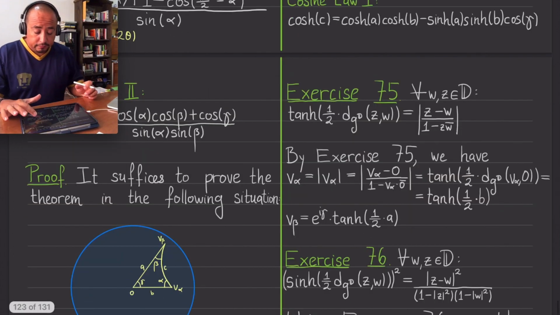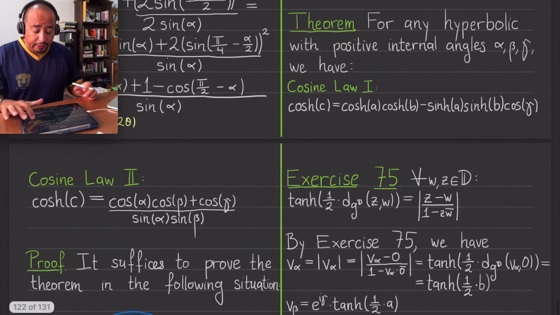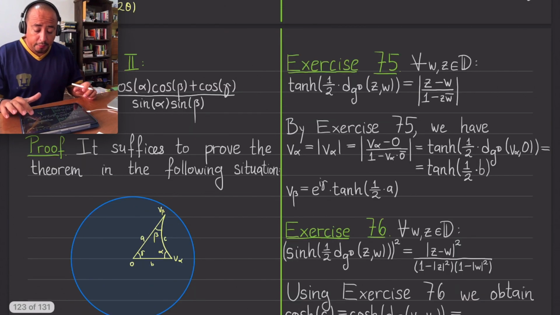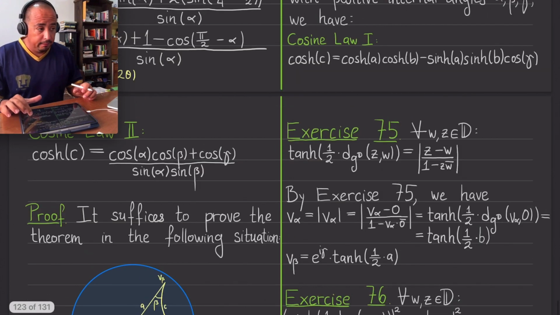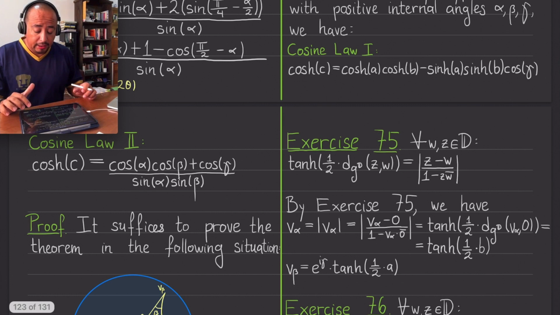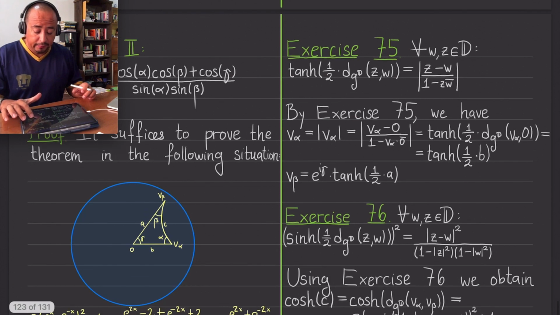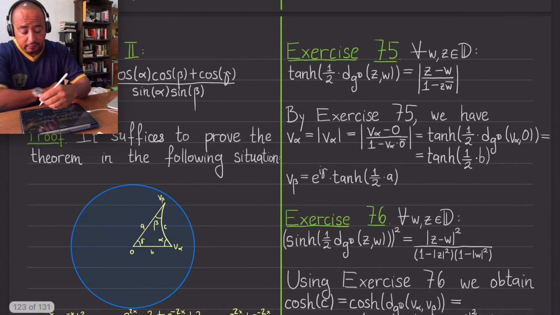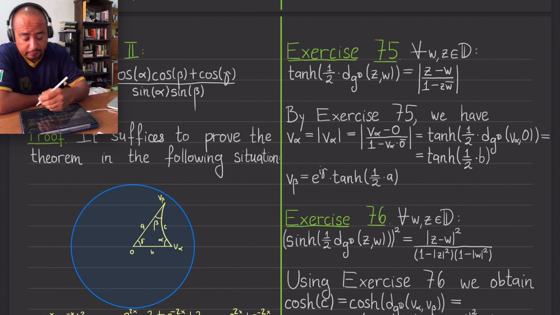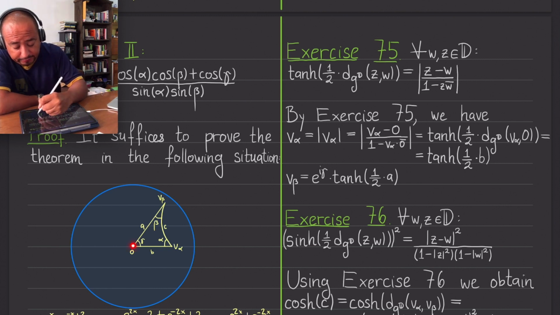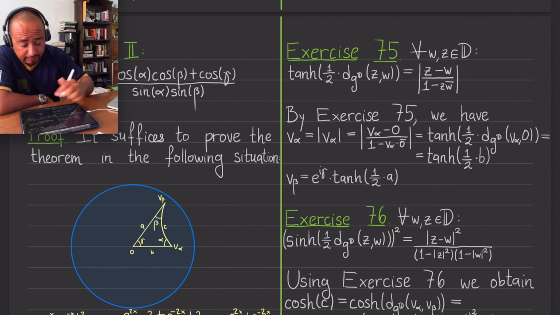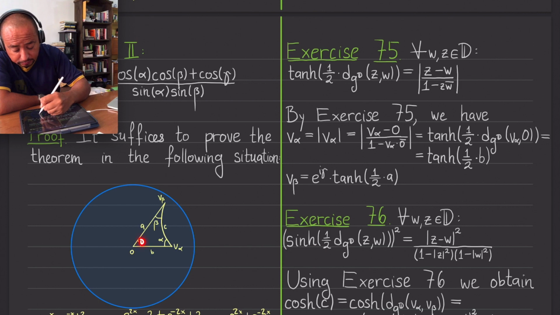First of all, up to applying hyperbolic isometries, it suffices to prove the theorem in the Poincaré disk, under the following assumptions. First, that 0 is a vertex, and actually the vertex incident to gamma.